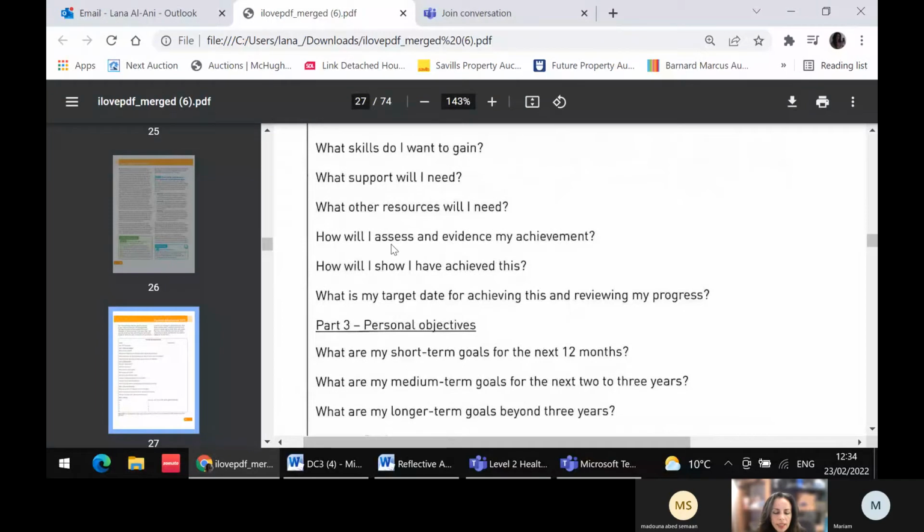How will I assess and evidence my achievement? I always do reflective practice, and I always reflect on my own work to check if I've done it correctly and how and when, and also if there is any opportunity to improve next time.